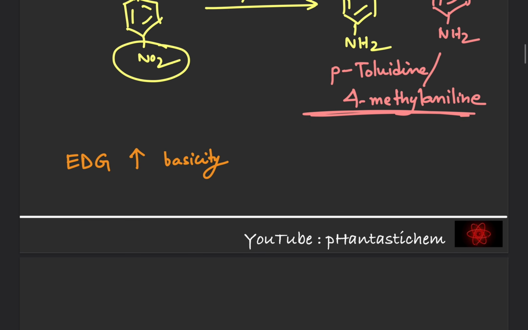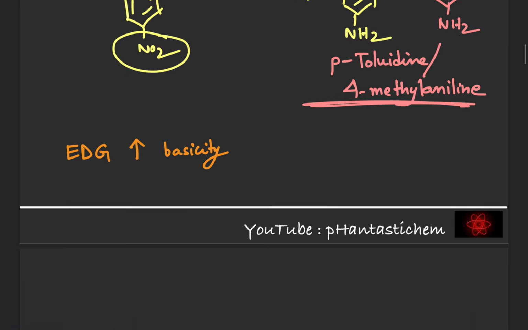Okay, because they push the electron towards the nitrogen atom. With respect to the diagram, if an electron donating group is attached to the NH2, it pushes electron towards nitrogen. Therefore, the electron density increases on nitrogen and hence the basicity.